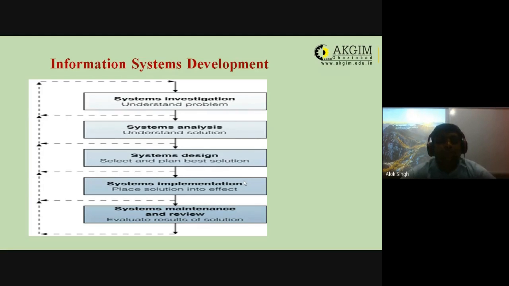Next is system maintenance and review. After implementing this solution, you will check whether it is working properly or not. You will check by conducting a post implementation review. You will regularly or frequently conduct some audits.